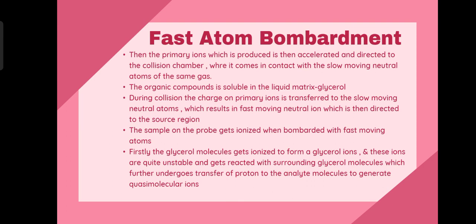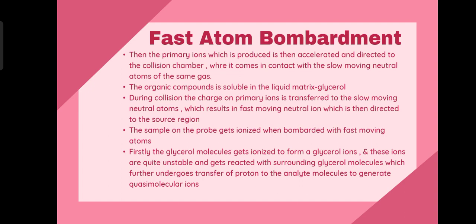These primary ions will be accelerated towards the collision chamber, where they are again introduced with the neutral molecules of argon and xenon. Now these primary ions will interact with these neutral molecules, and it will result in the formation of fast moving atoms.